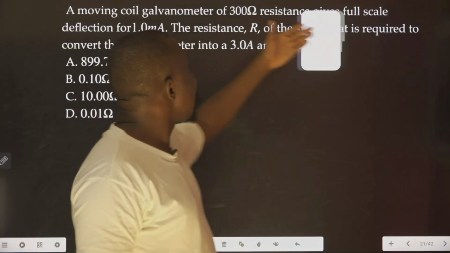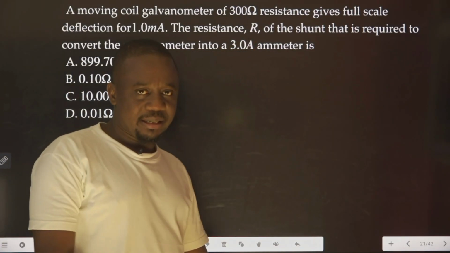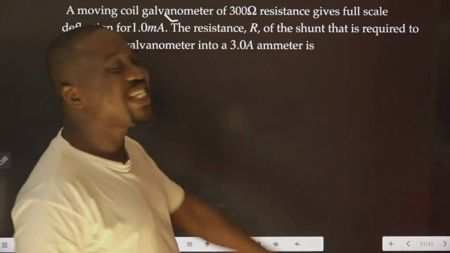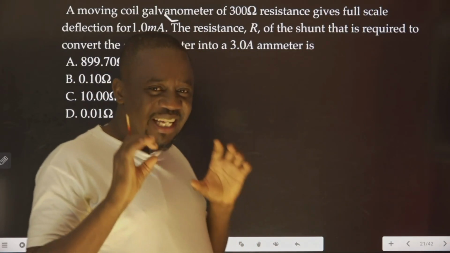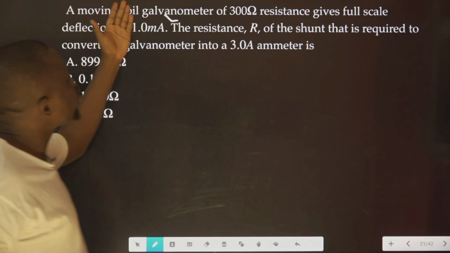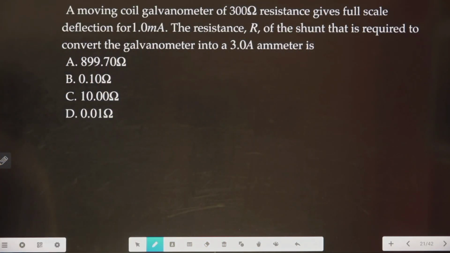We have a galvanometer. We want to convert it to an ammeter. What it means is that we want to be able to use this galvanometer, which is designed to measure little current, to be able to measure high current. Okay? How do you do that?